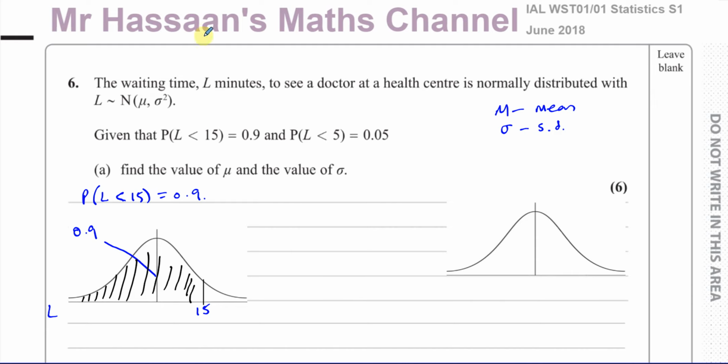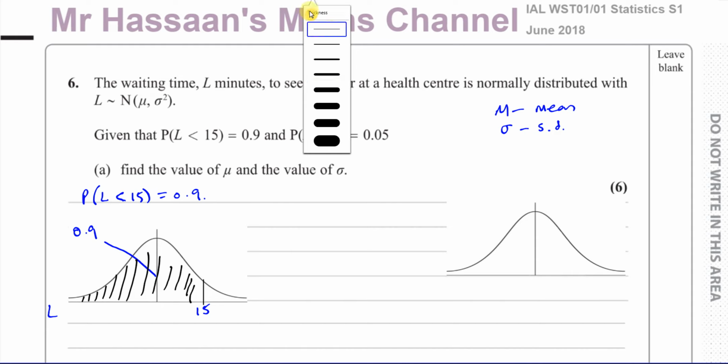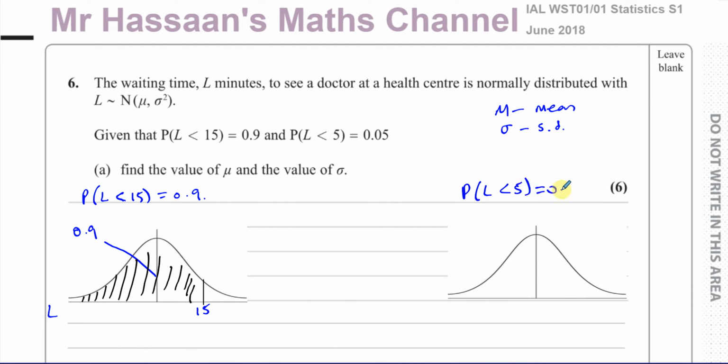Okay, and if we look at the other situation that they gave us, the probability that L is less than 5 is equal to 0.05. So again, it's the area to the left of a number is 0.05. Now that means that's a very small area.